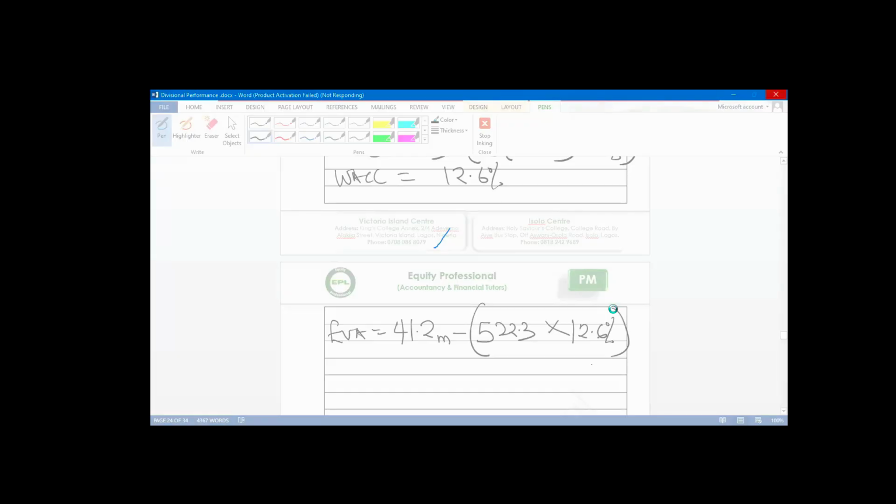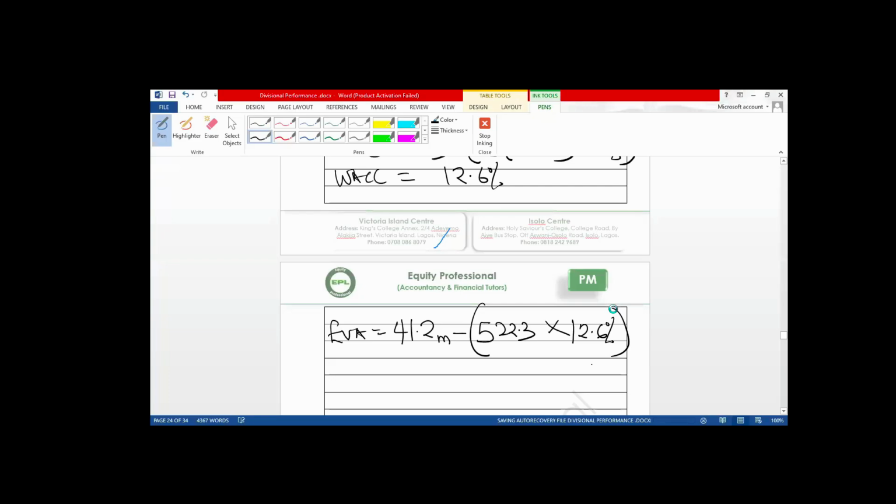The economic value added for this company is negative 24.61 million. A negative EVA implies a very poor performance.